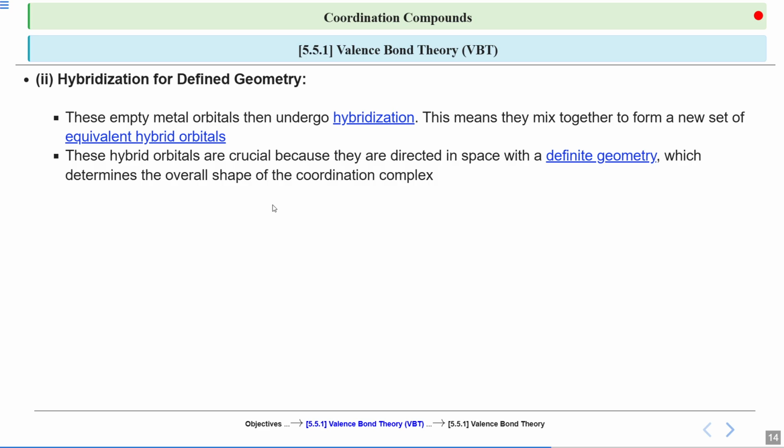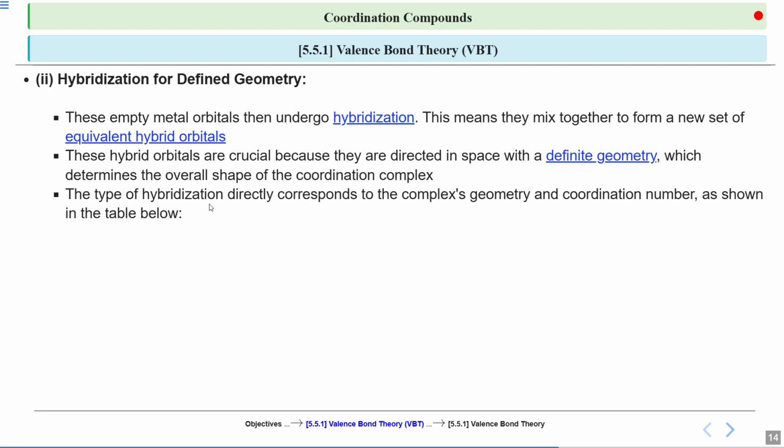And these hybrid orbitals are very important because they are directed in 3D space having definite geometry, and this definite geometry is going to determine the overall shape of the coordination complex that is going to form. So hybridization is the main cause by which our complex compound geometry is affected, or determined, you can say, in both ways.